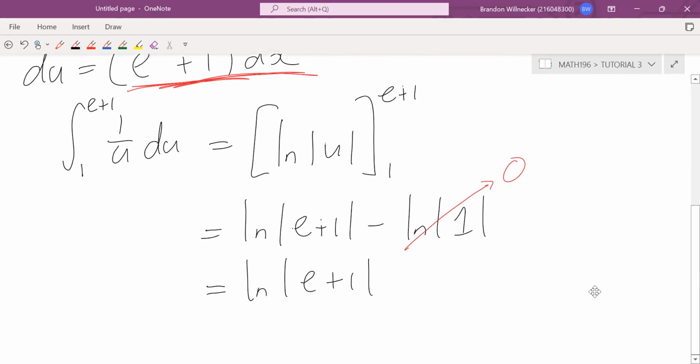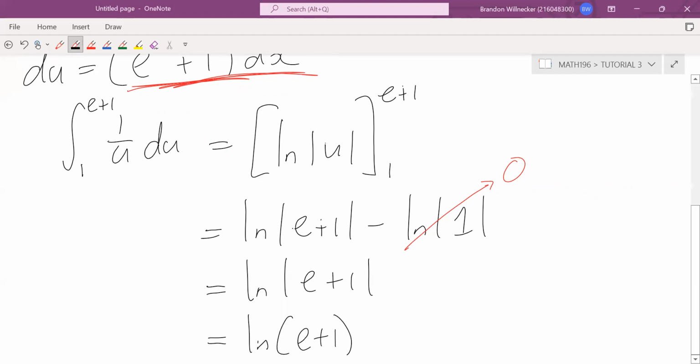Now we know that e plus 1 is positive, so we can drop the absolute value and just write the natural log of e plus 1. But it doesn't hurt to leave it with the absolute value. To be safe, rather leave the absolute value. But if you know that it's always positive, then you can drop it.